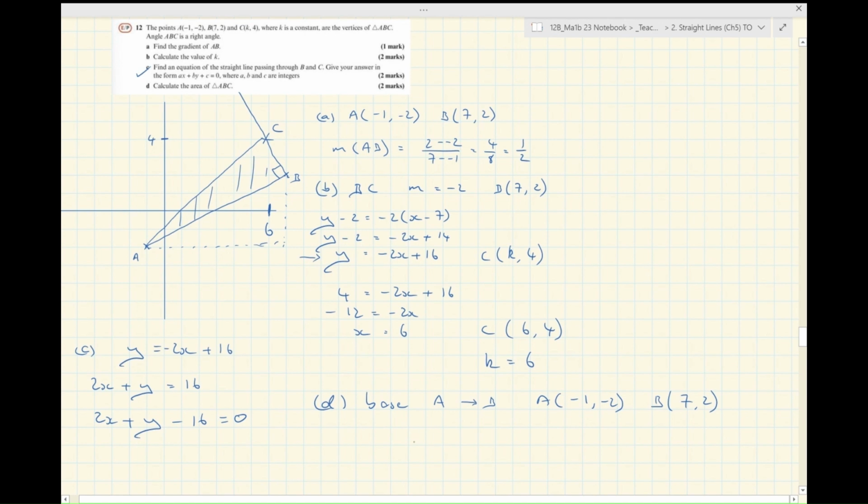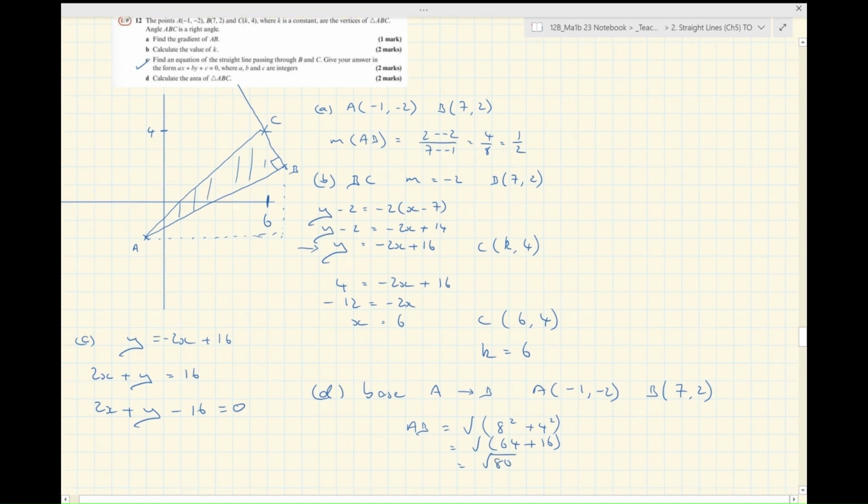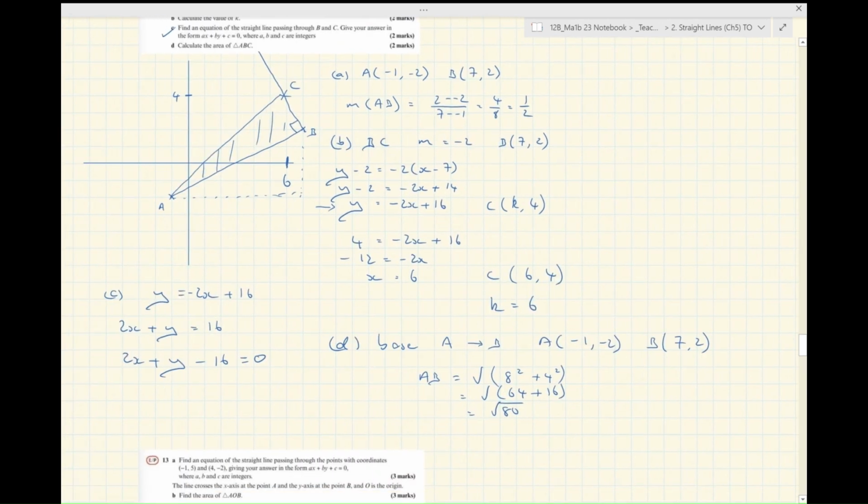So AB is going to be the square root of 8 squared plus 4 squared, which is the square root of 64 plus 16, which is root 80. Okay, so that's AB. I also need to know CB, and CB is part of a right angle triangle that looks like this, doesn't it?